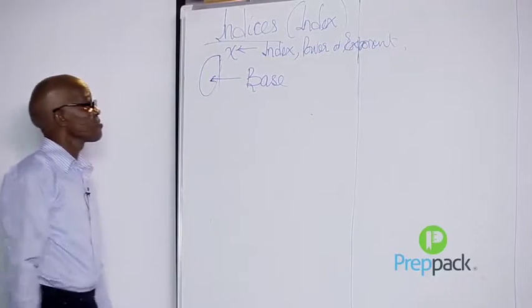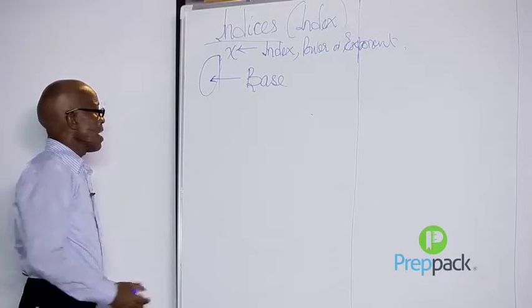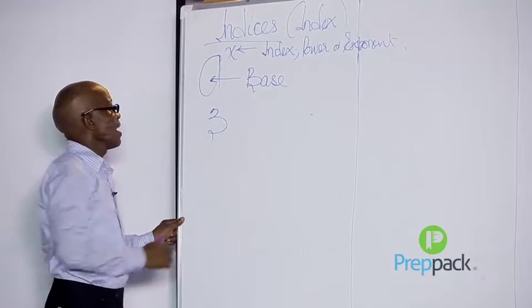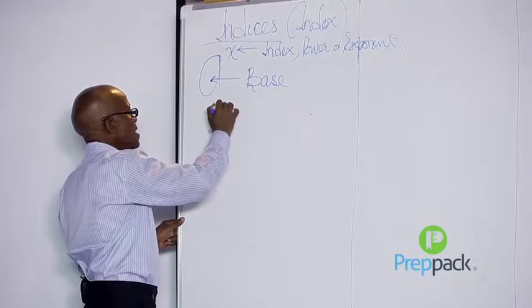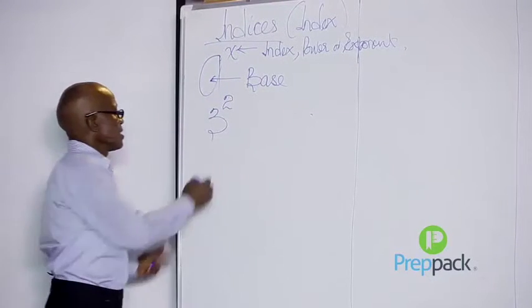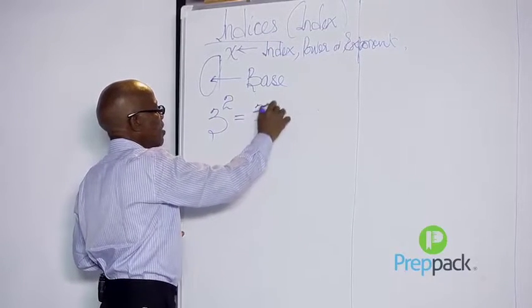Okay. What is the meaning of this? If we consider the base to be 3, and the power or the index to be 2, the interpretation of this is 3 multiplying 3.